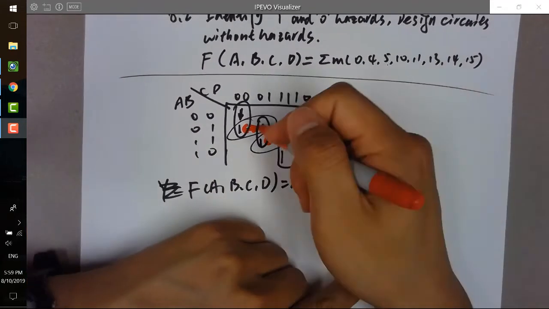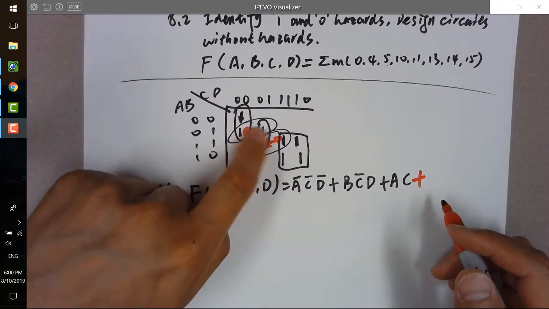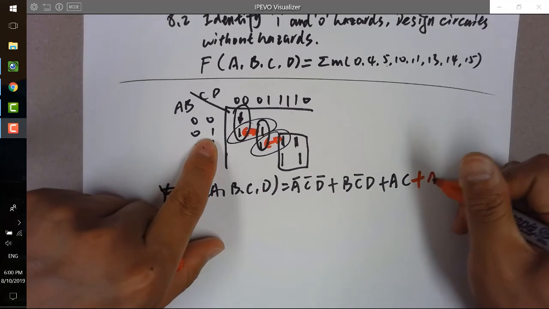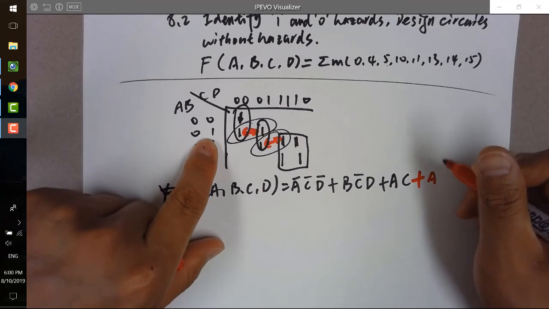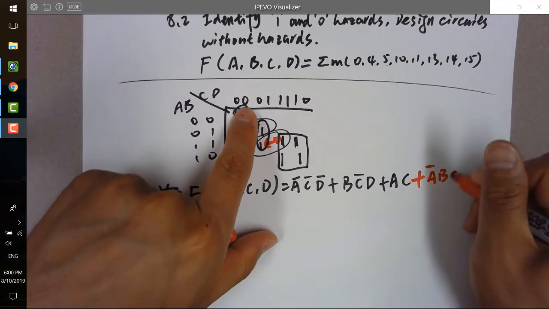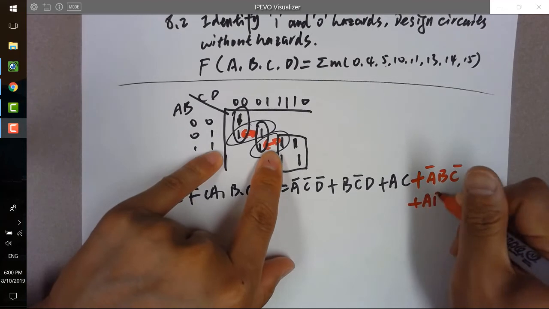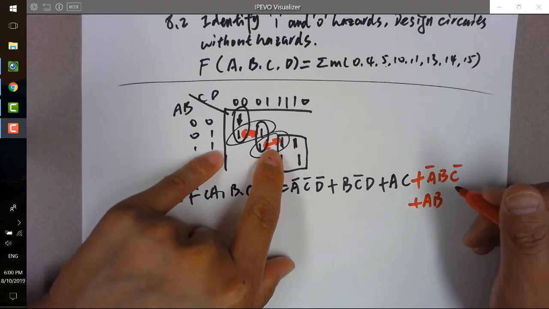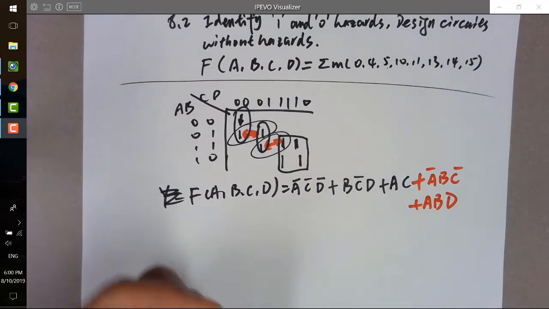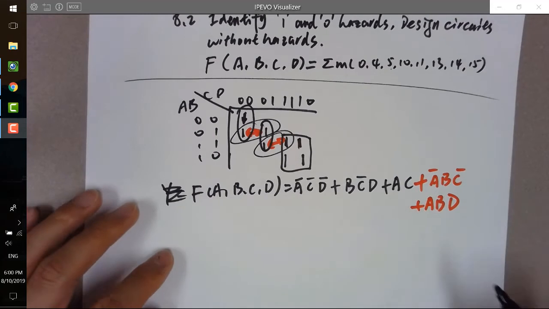And you want to get rid of the hazard, so add two more terms. This group here, these two, which is A bar, B bar... and C bar, or these two, A, B and D. So that's a circuit without hazard.